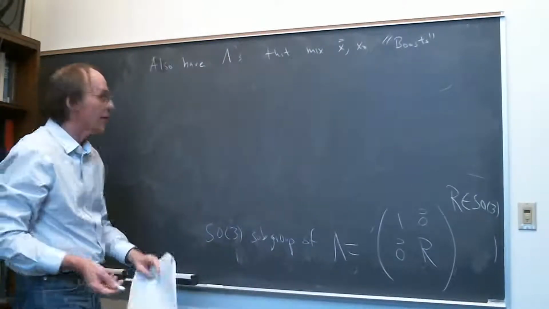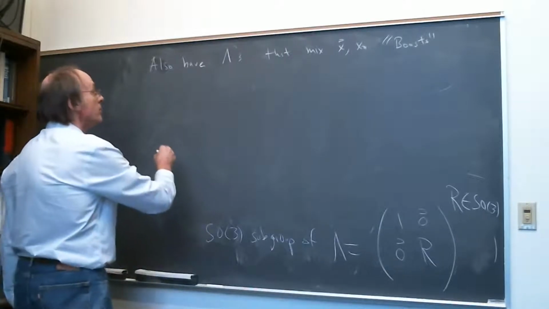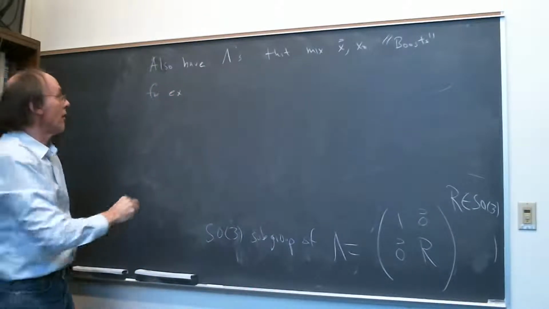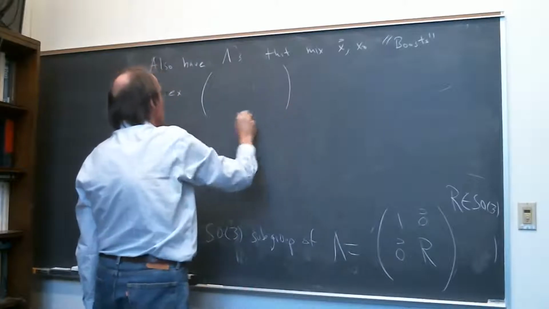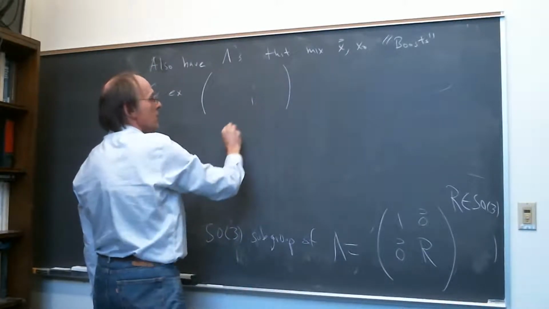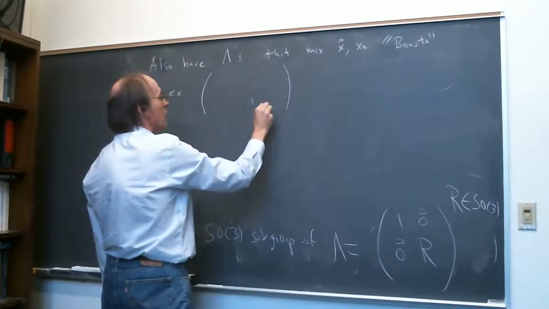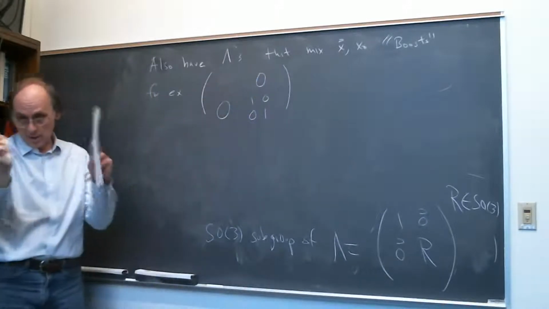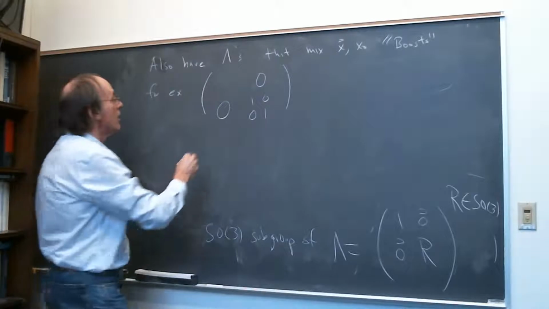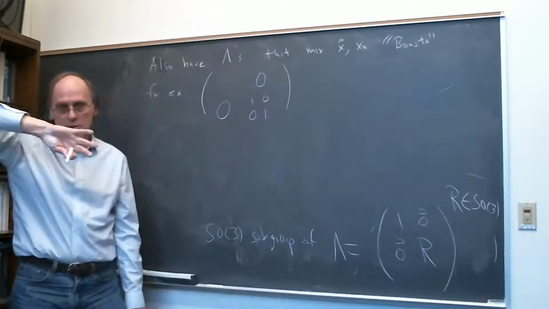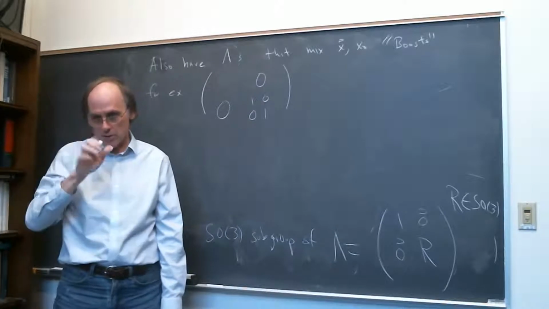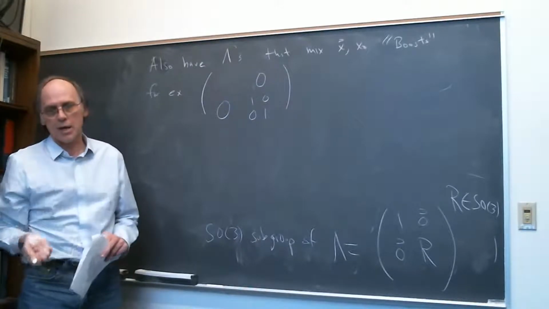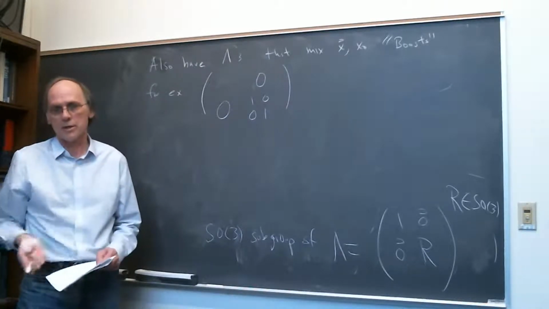So for example, if you look at the things that leave the 2 and 3 directions alone and just mix the 1 and 0 directions, they're going to look like a rotation matrix in 2 dimensions, except because of this weird minus sign, instead of cosines and sines you have hyperbolic cosines and hyperbolic sines.